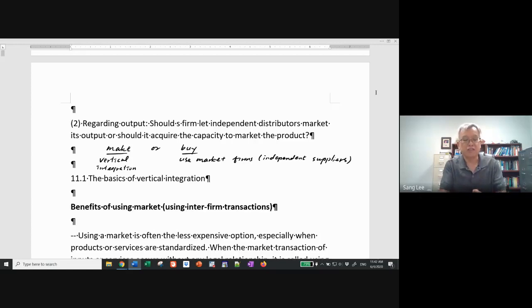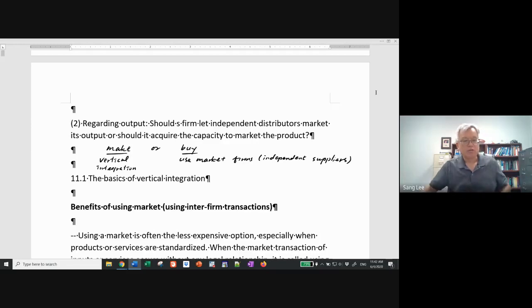Performing certain stages internally, you let outside independent firms do it. So obviously, make or vertical integration is the option to replace using market firms or buying. On the other hand, buying, or using market firms, is the option to replace vertical integration.